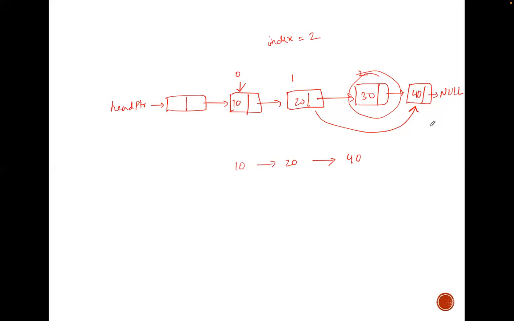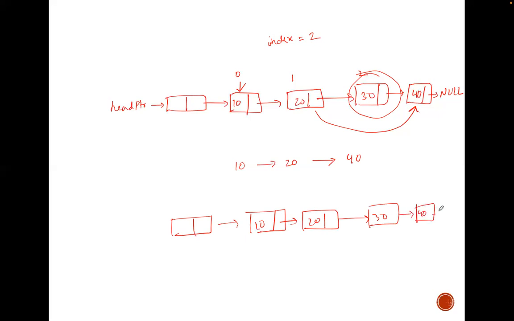All right, how can I do that? So I have 40, and I have null here. In the same way, we're going to use current and previous node pointers, and this is our head pointer. Previous will start from here and current will start from here.